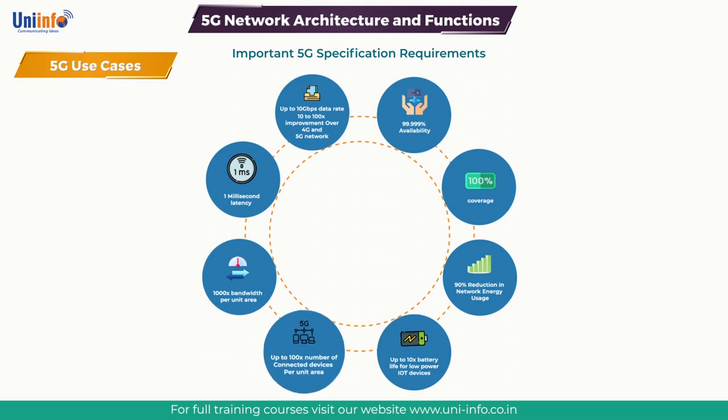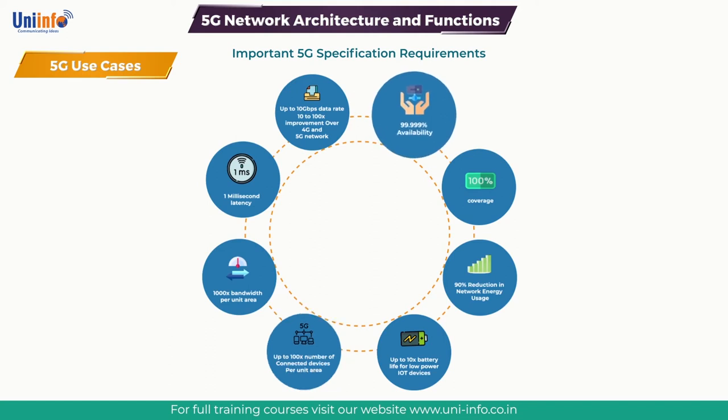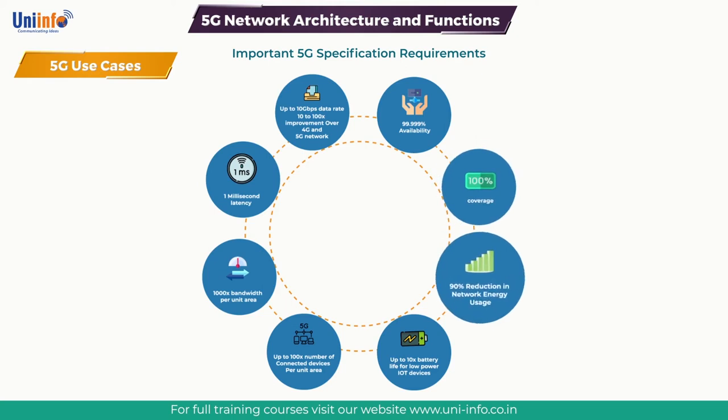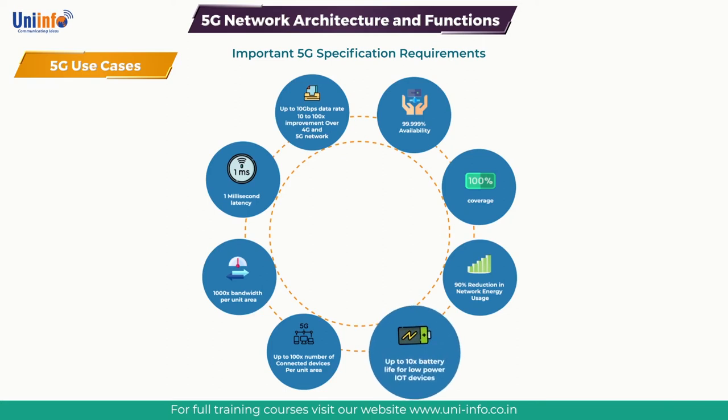Fourth, up to 100 times the number of connected devices per unit area compared with 4G LTE. Fifth, 99.999% availability. Sixth, 100% coverage. Seventh, 90% reduction in network energy usage. Eighth, up to 10-year battery life for low power IoT devices.